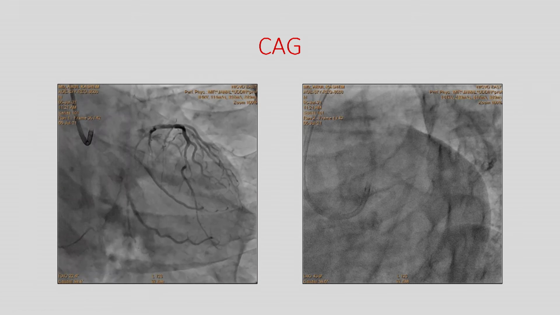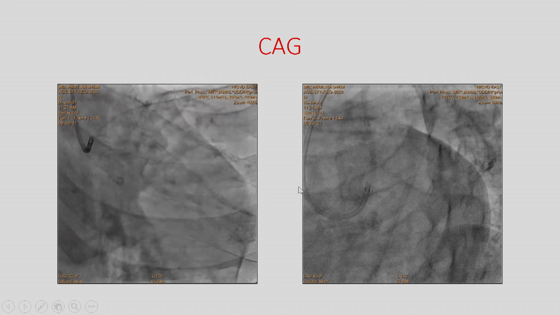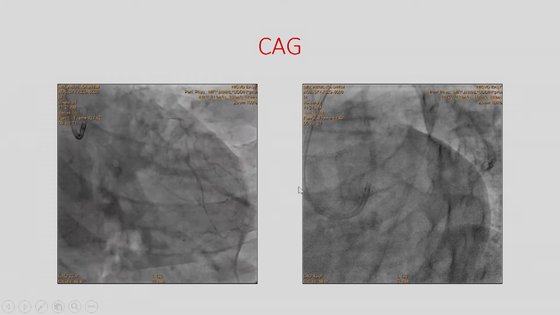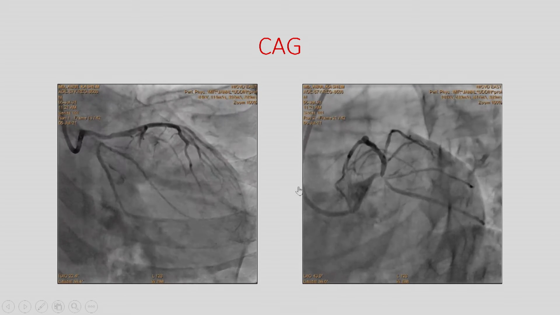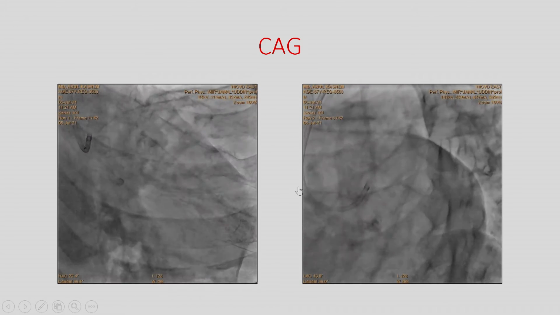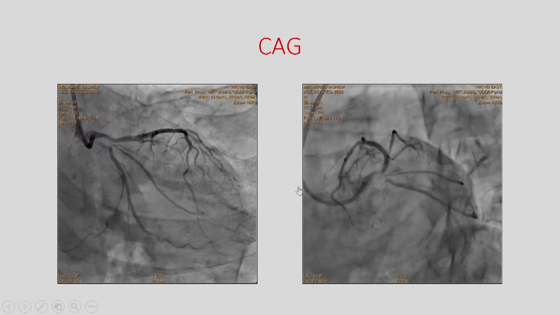This is the still picture, and this is the initial scenario of the patient: left main involving the ostium of the left circumflex and a minimal lesion in the ostium of the LAD.